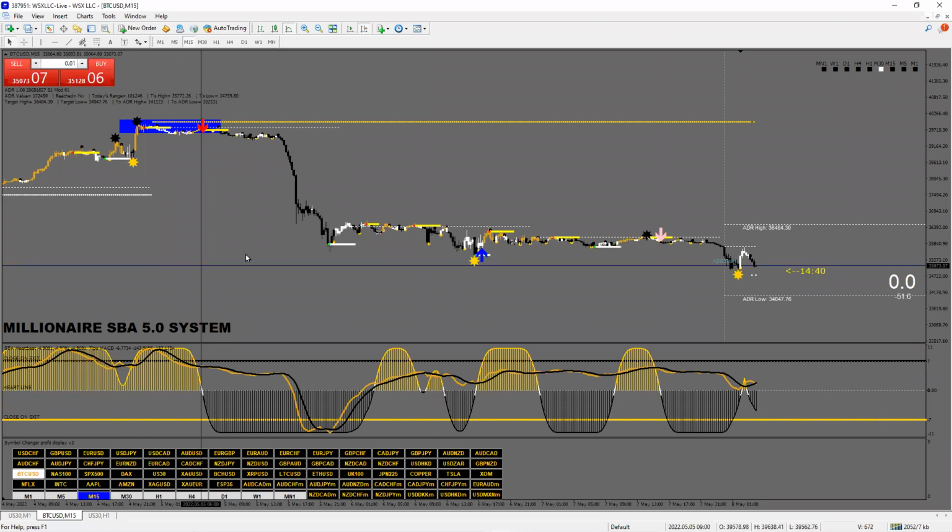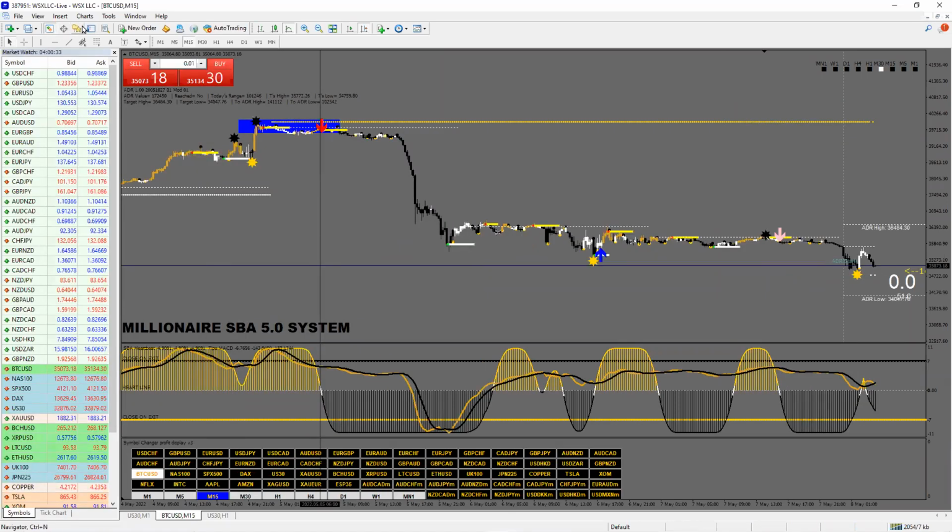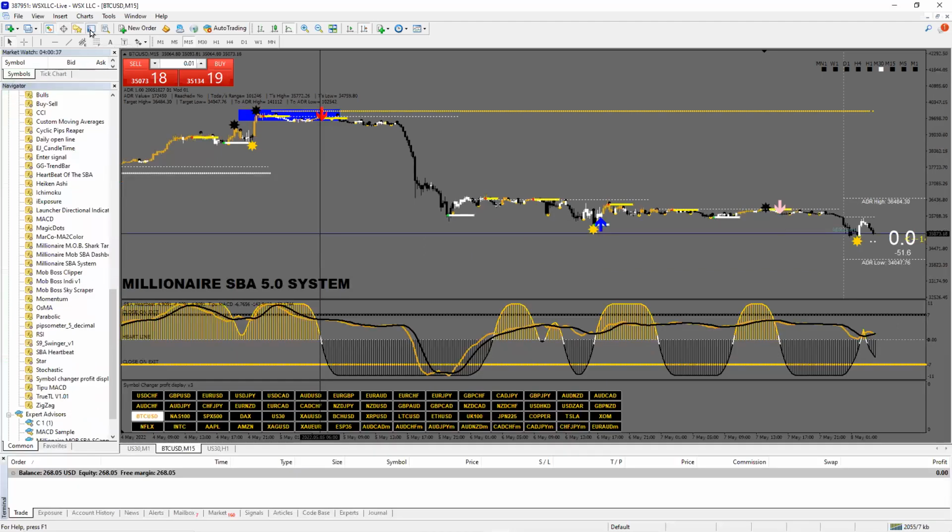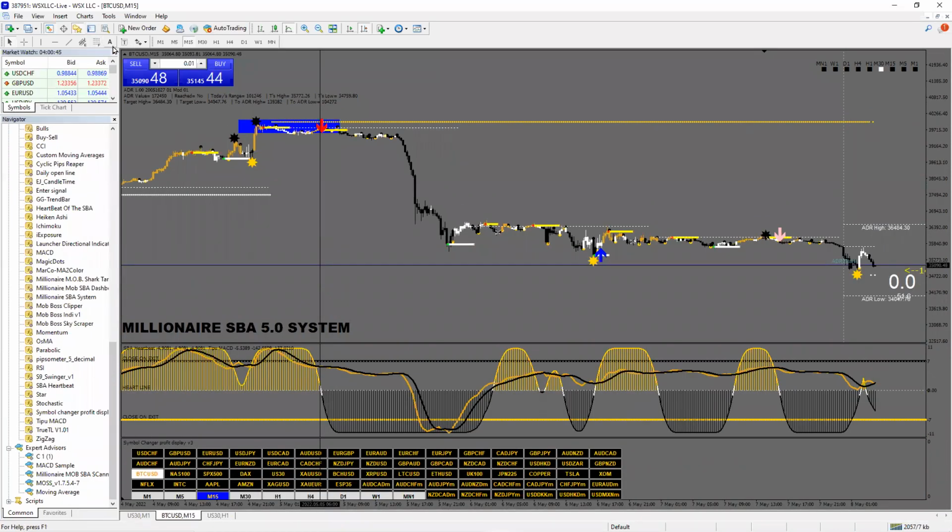Looking at my chart right now, you don't see any market watch, navigator, or terminal, because I haven't turned them on. I can very easily come over here and turn each of them on.